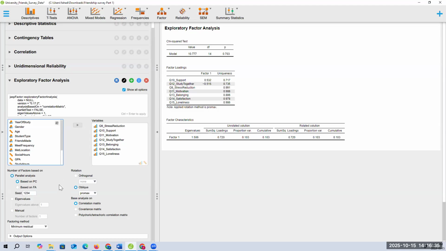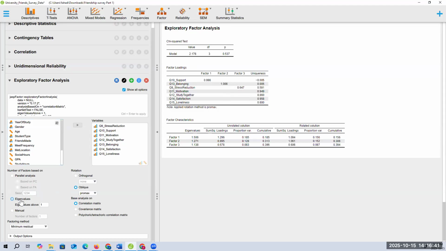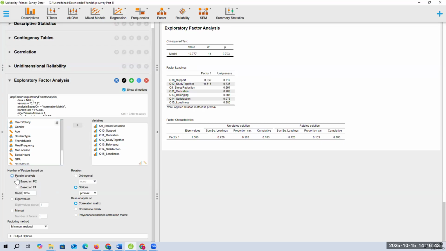So we have parallel analysis based on PC eigenvalues. We could also include number of factors based on parallel analysis. So here you can deduce the number of factors, right? And there seems to be only one factor here.